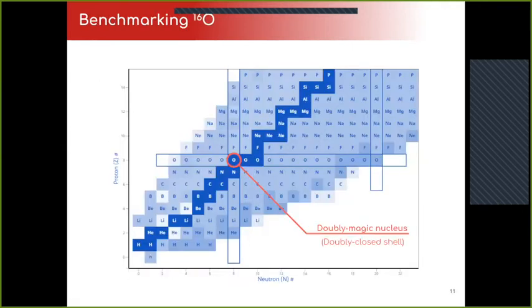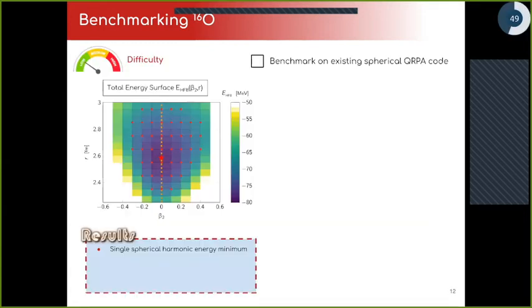In order to benchmark the code, I've been performing calculations for an easy nucleus, the doubly closed shell oxygen 16. Here and in the following slides, I will always be showing this total energy surface.